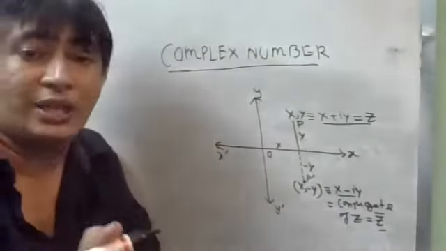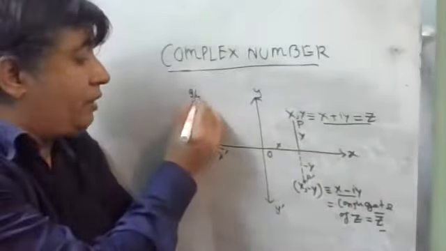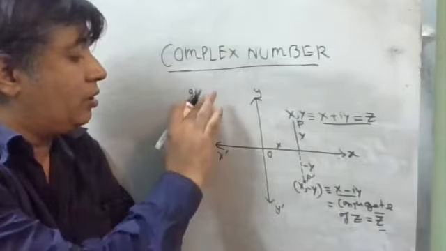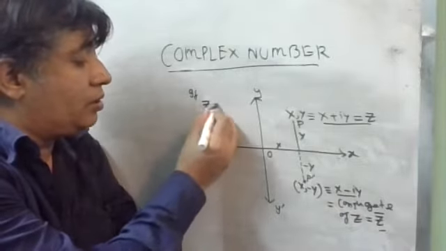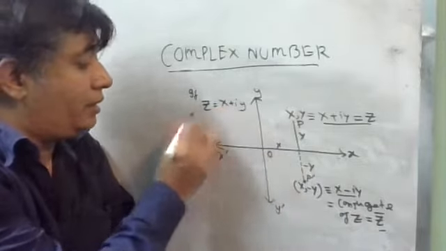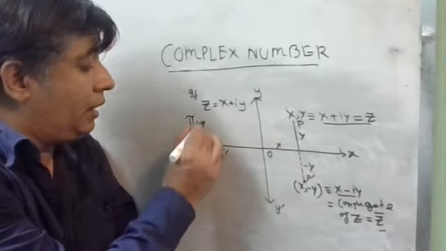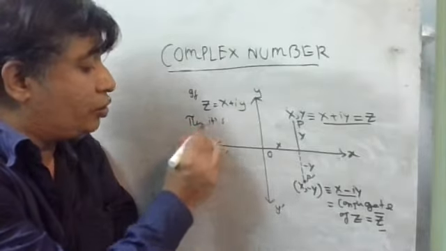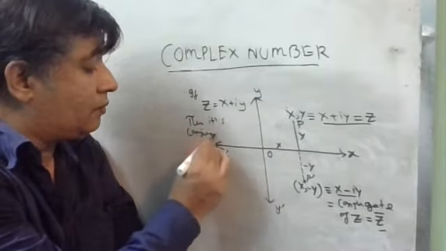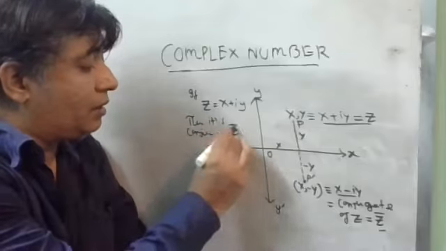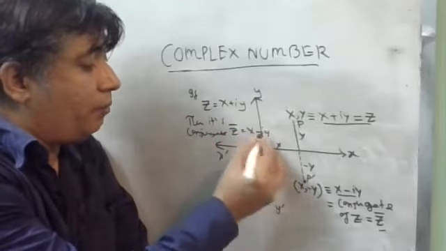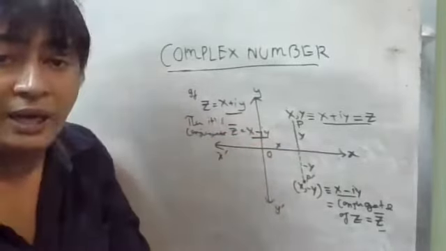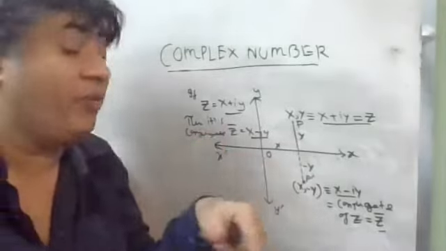So what conclusion can I draw? That if z is equal to x plus iy, then its conjugate z bar is x minus iy, and vice versa.